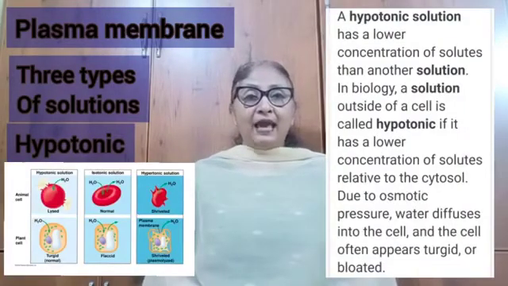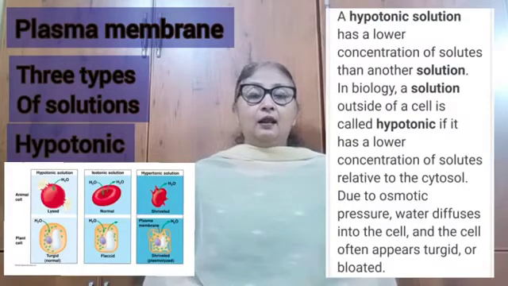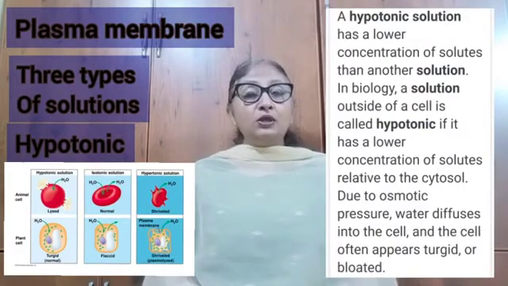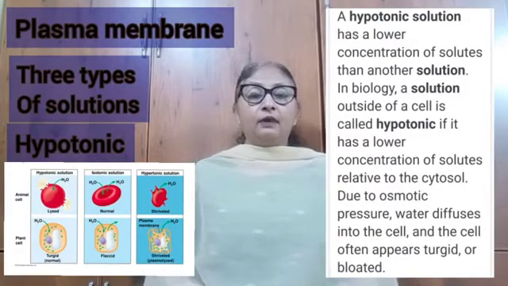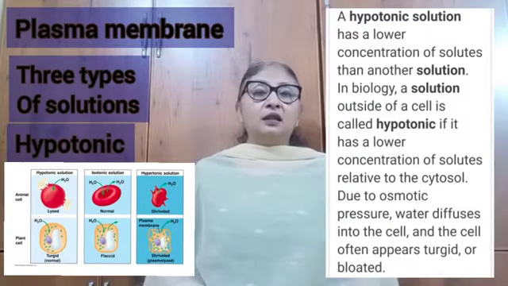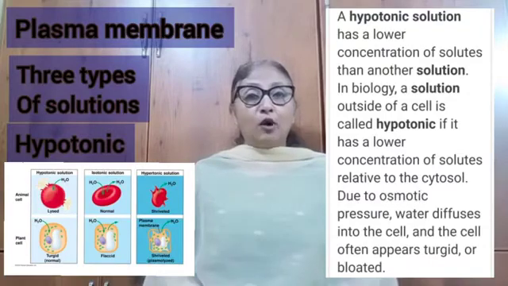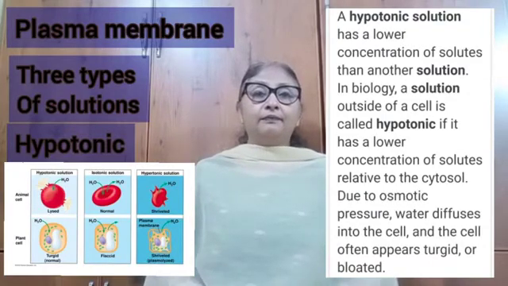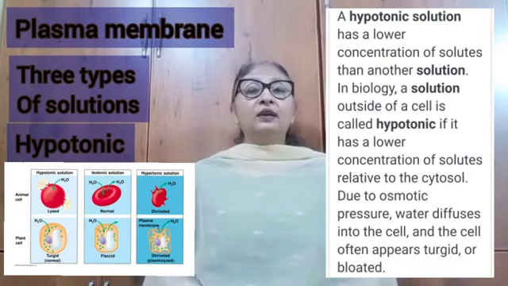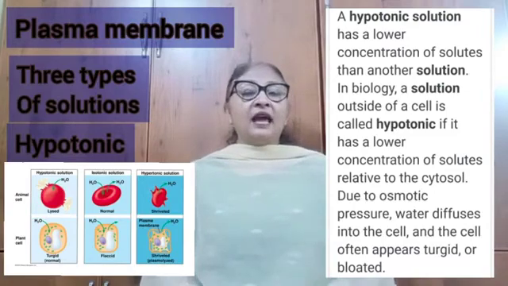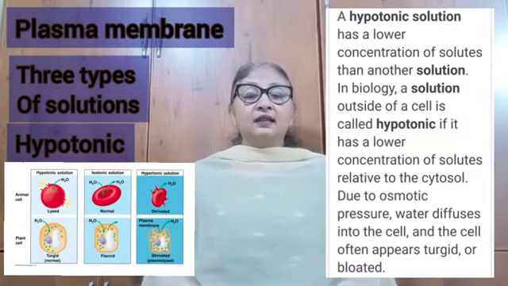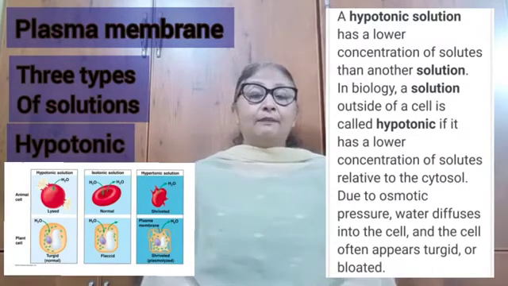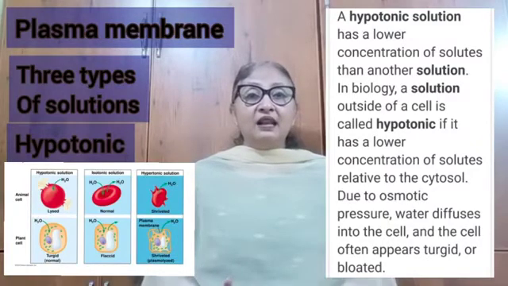If we place a cell in a dilute solution, we see that the movement of molecules, especially water molecules, is from outside to inside the cell. As a result, the cell swells up. The size becomes larger.